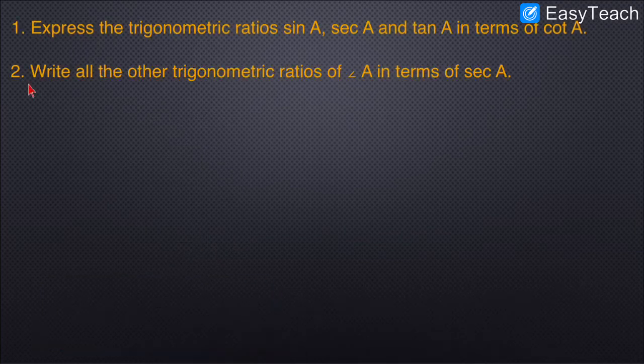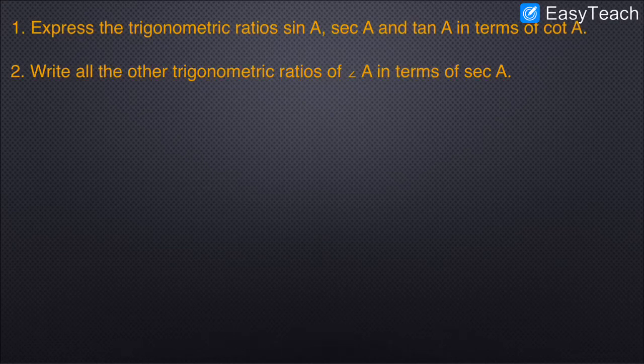Let's do the second problem. Write all the other trigonometric ratios of angle A in terms of secant A, which is the same as the previous problem. So here the answer will be in terms of secant A. Also, it is mentioned to write all other trigonometric ratios.